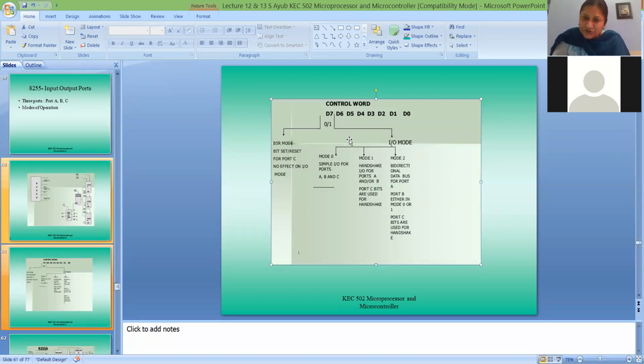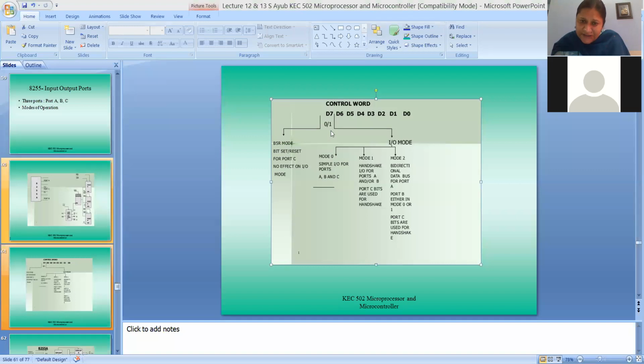This facility is not there for port A and port B. It is available only for port C. And to get this facility for port C, you have to put the control word D7 bit as 0.